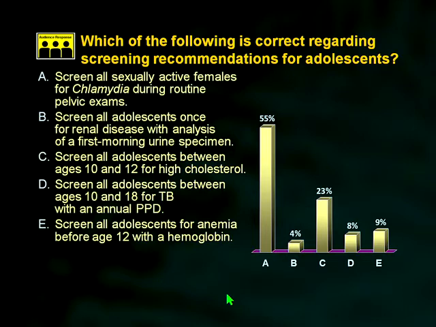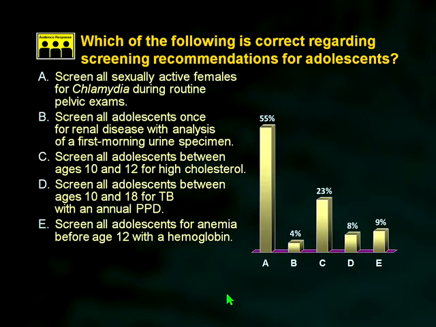But I'll tell you that C is more targeted screening. So it's not universal screening. For B, we talked yesterday about how we're not using urinalysis for routine screening at all anymore. D, screen all adolescents for TB. We don't do that except in high-risk populations.